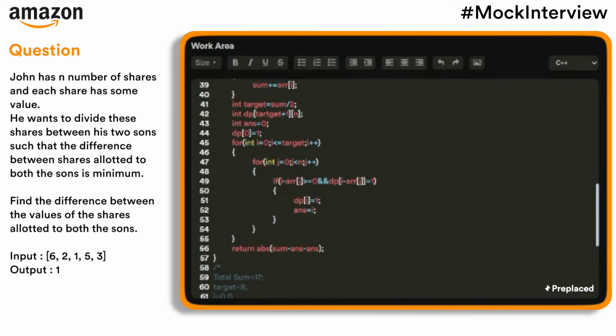Okay, so initially on line 51, you have said dp of ij will be equal to 1.